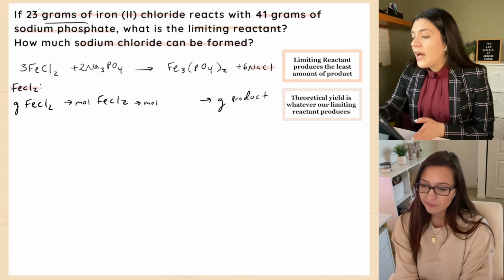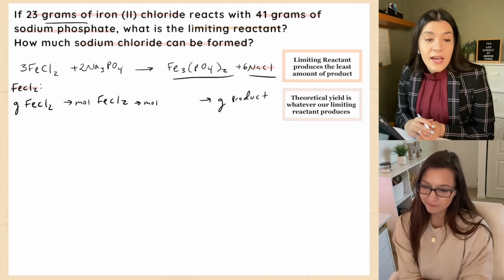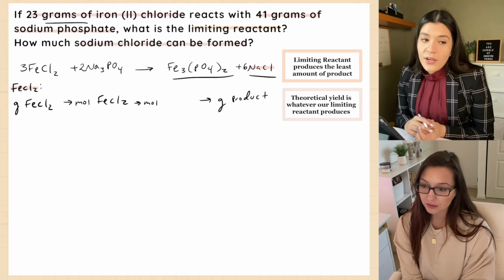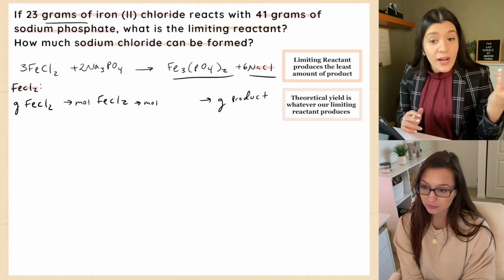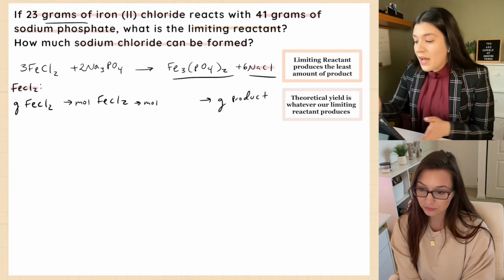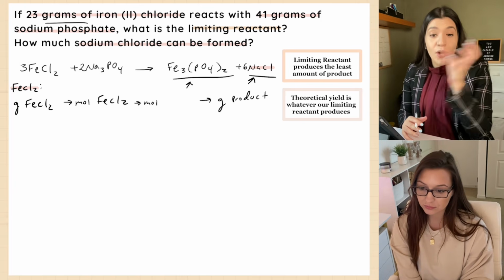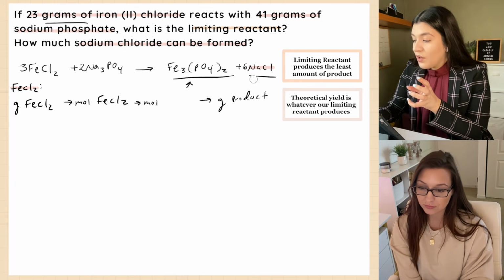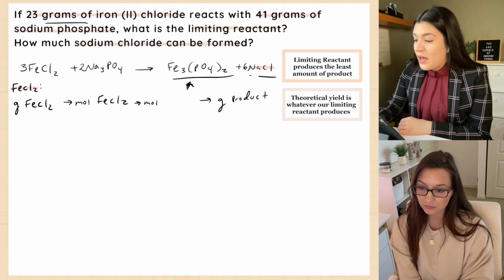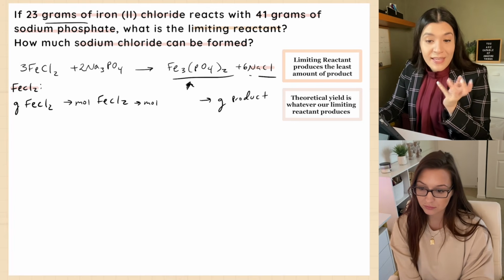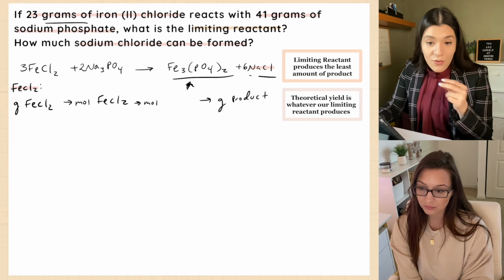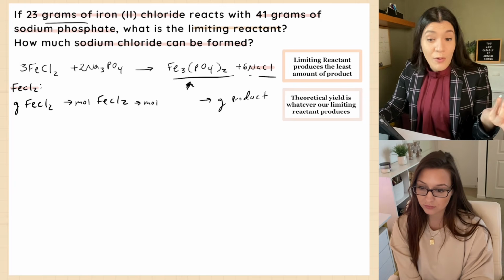And here we have two different products. If you weren't told how much sodium chloride can be formed, then it wouldn't have mattered which product you chose, as long as both of the reactants go to the same product. So as long as you commit to iron phosphate, picking that one for both of the reactants, that would work.